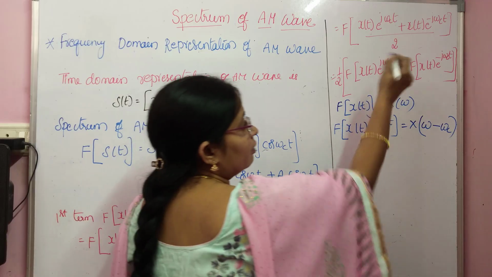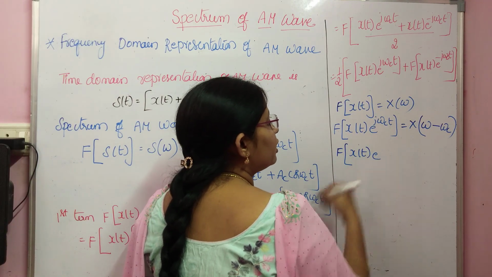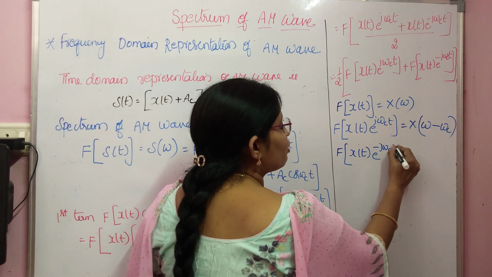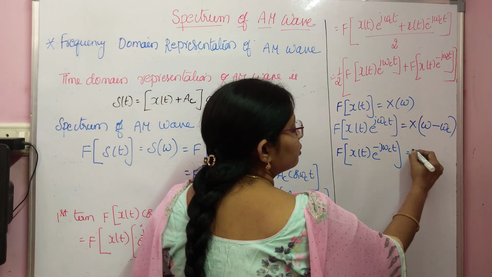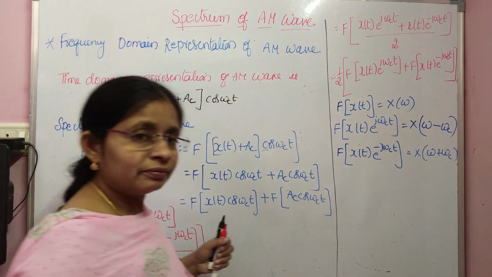And for the second term also, F of x(t) e^(-jωc t) is equal to X(ω + ωc). Clear?